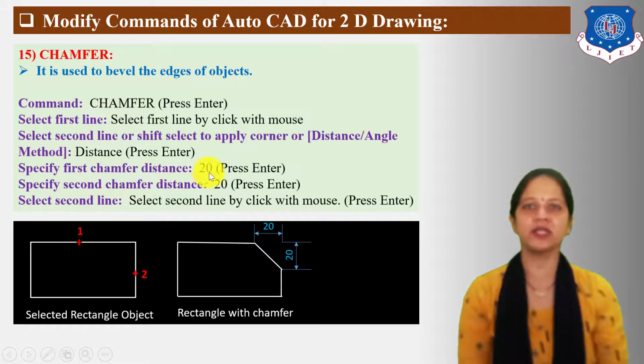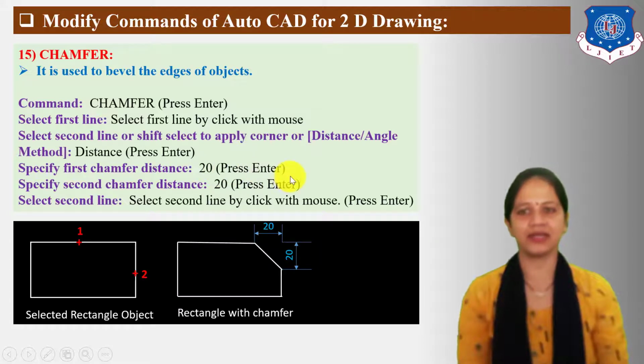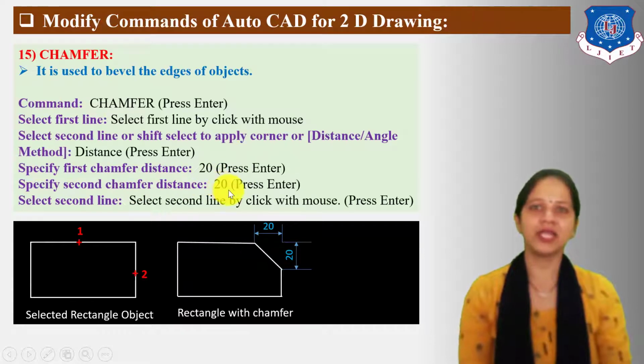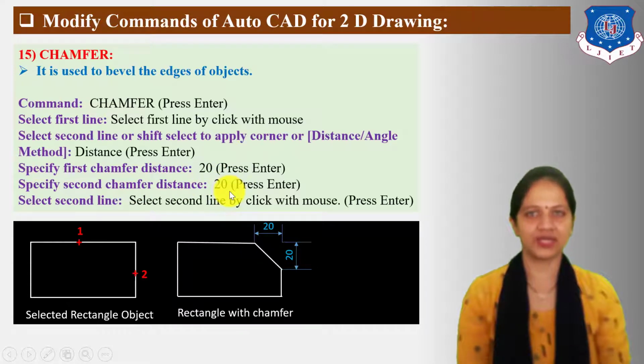Here I have taken 20 units for the first chamfer distance, then press enter. Next it asks to specify second chamfer distance. Here I have taken 20 units for the second chamfer distance, then press enter.